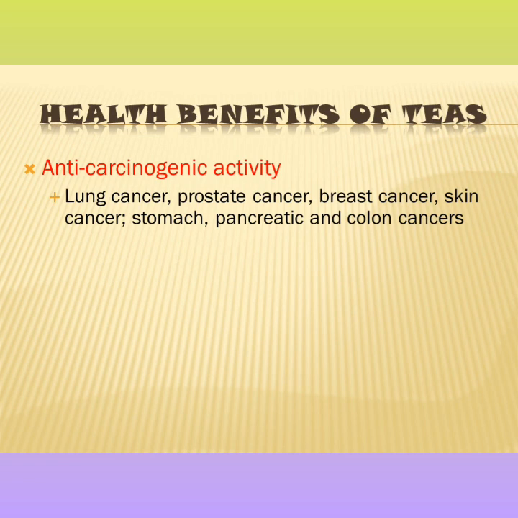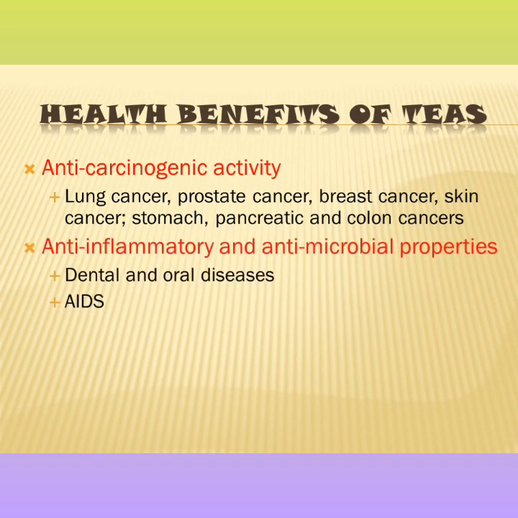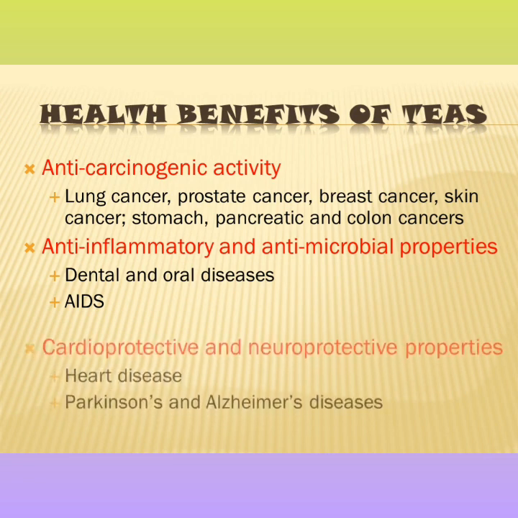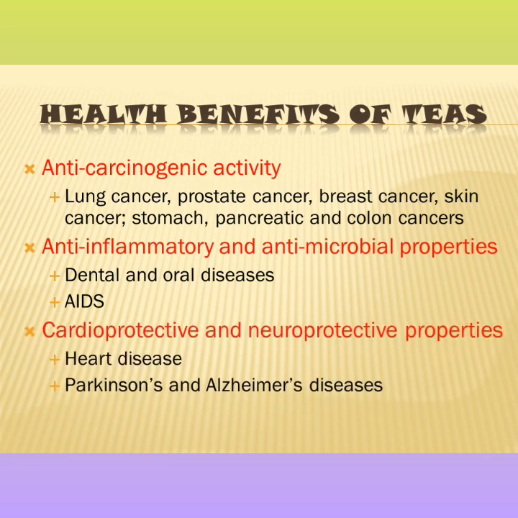We are not claiming that it's 100% medically proven, but some research-oriented studies show that tea has these kinds of beneficial activity, like anti-inflammatory and antimicrobial properties, for dental and oral disease and so on. Then cardioprotective and neuroprotective properties, for heart disease and so on. So friends, let me clarify that these are not medically proven, but some research and studies show that we may get these kinds of benefits from tea.